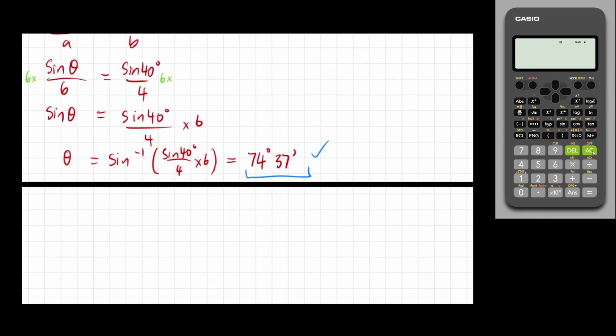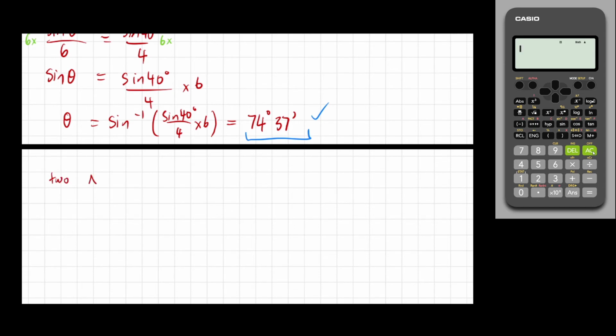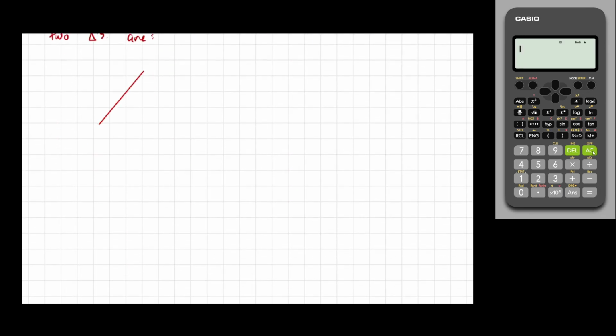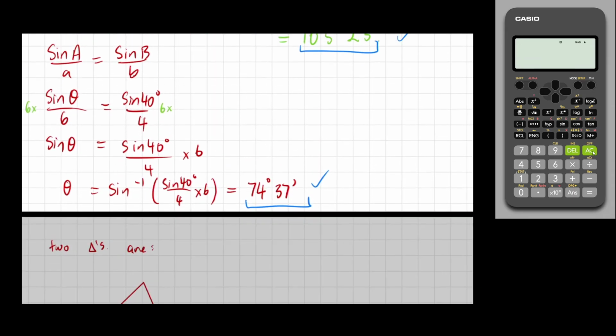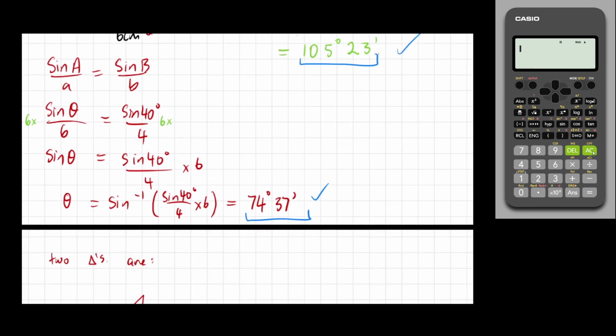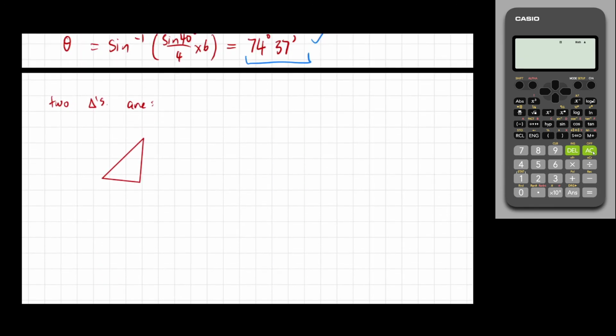So the two triangles I could make are like this one here. This is the first one I've made, which would be something like this.